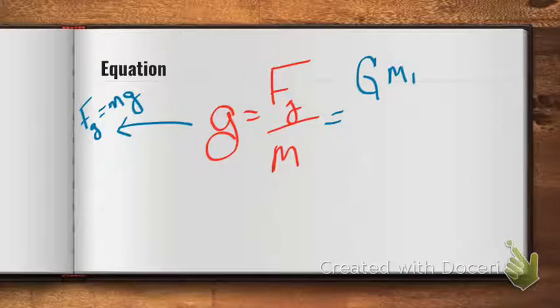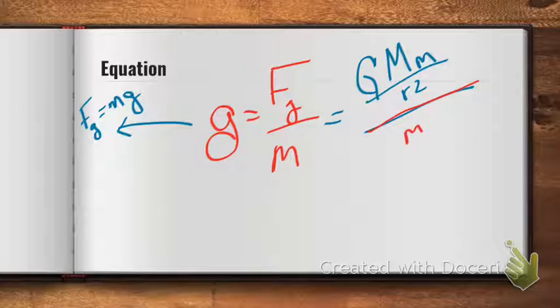Force of gravity is the gravitational constant times the mass of object 1. I'm going to use big M here. It doesn't really matter, it's just easier than figuring out which one is M1, M2. So I'm just going to say the mass of the big object times the mass of the smaller object over r squared, divided by the mass of the object experiencing the force.